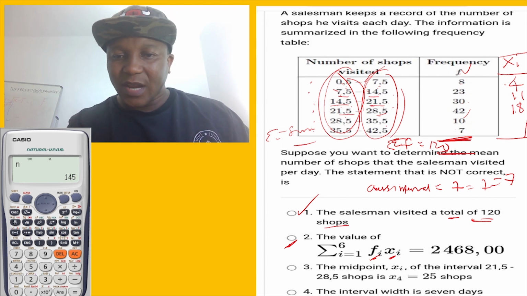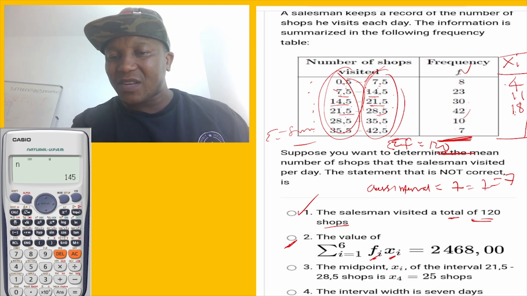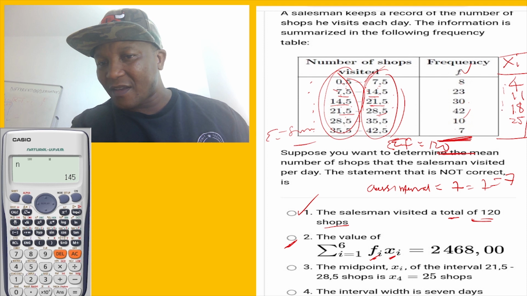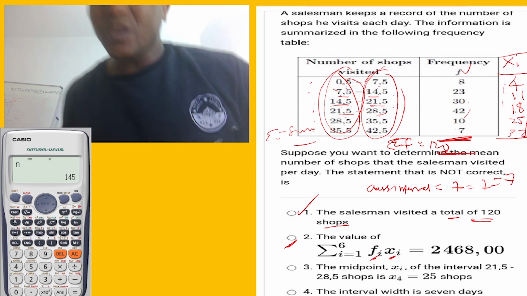Okay, 28 plus. If you look here, it increases by 7, so this is going to be 25, because I can see the interval is 7. This is going to be 32. You understand what I'm saying?